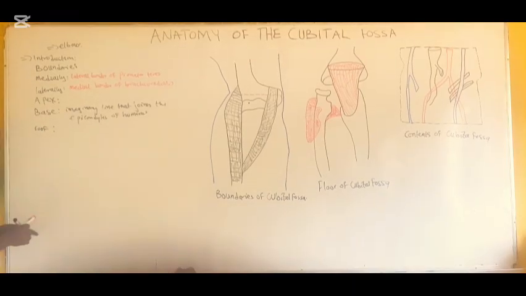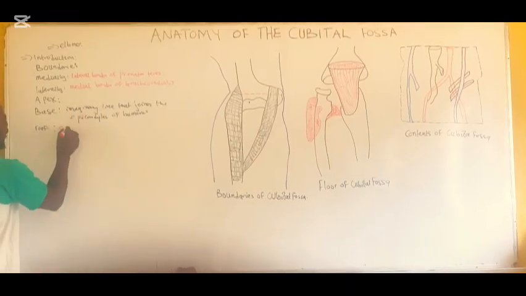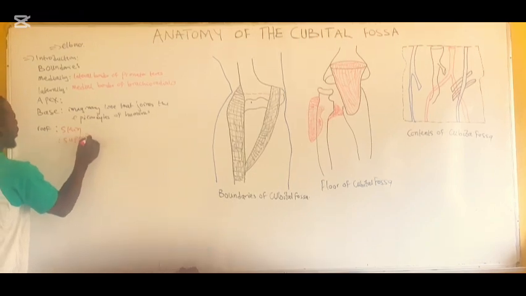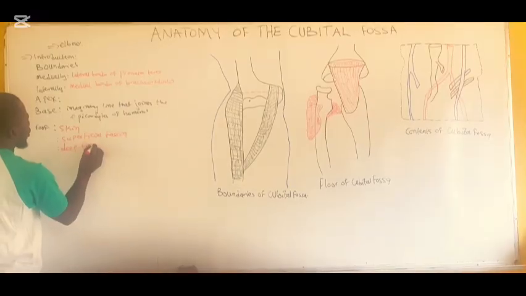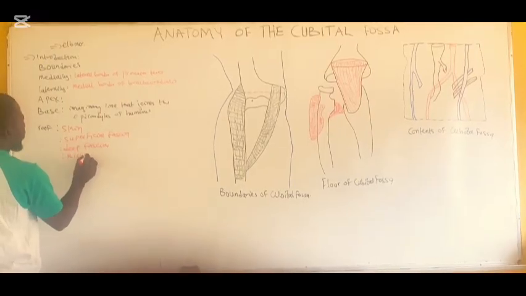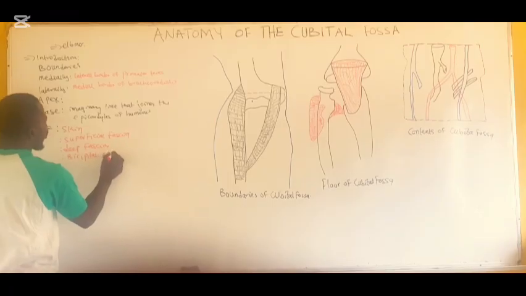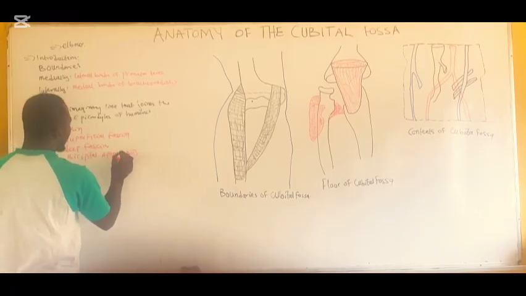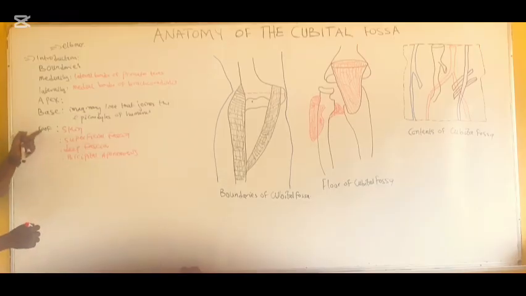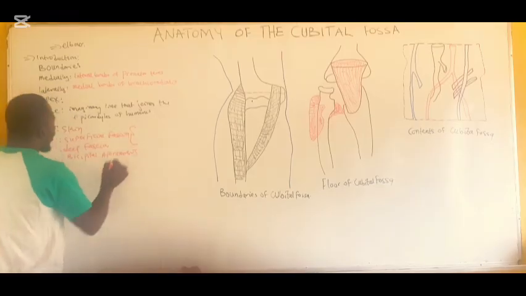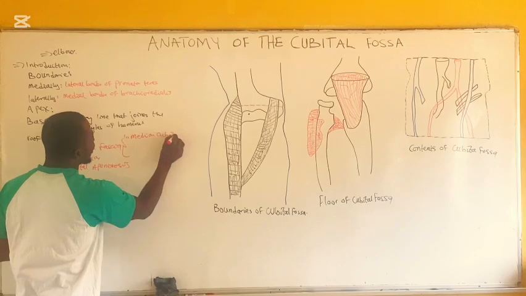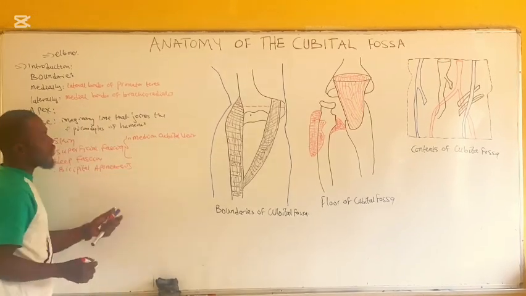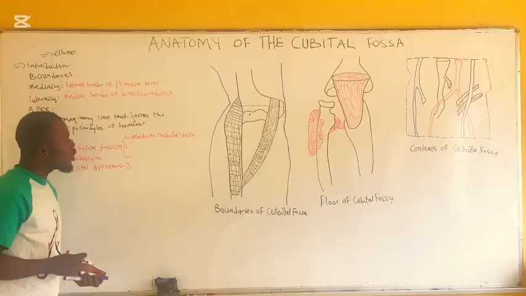The next is the roof. The roof of the cubital fossa is formed by the skin, the superficial fascia, deep fascia, and bicipital aponeurosis. The superficial fascia contains, one, the median cubital vein, which joins the cephalic and basilic veins together.